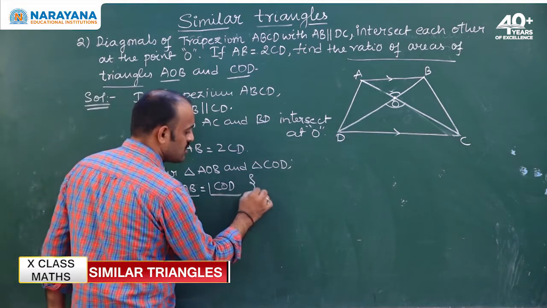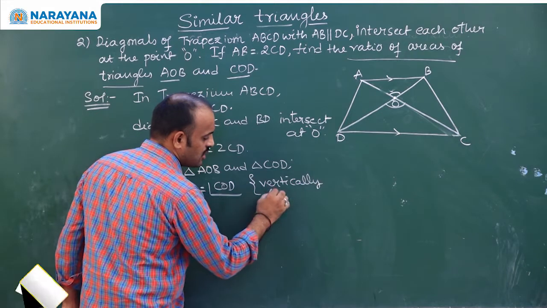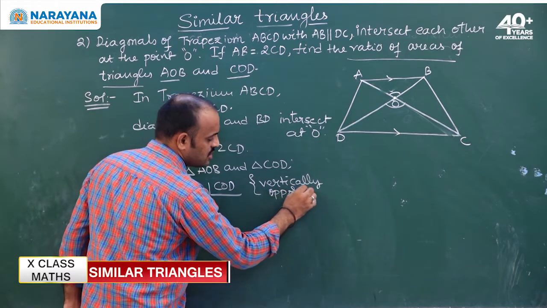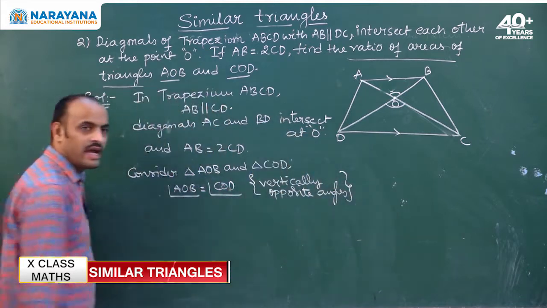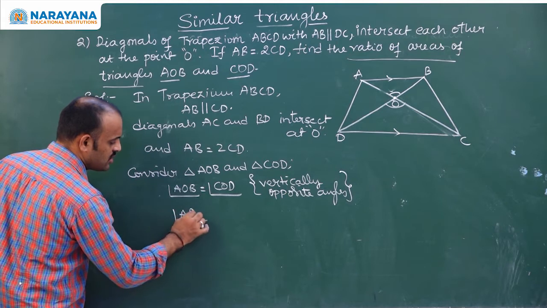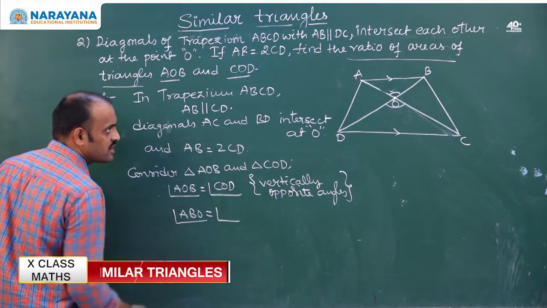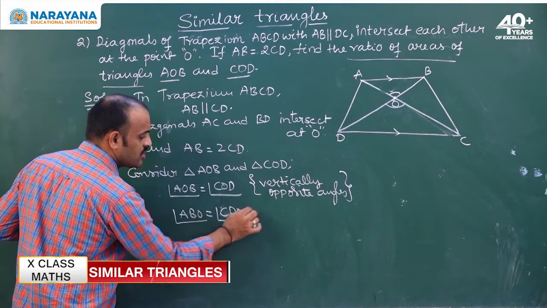The reason? Vertically opposite angles. Angle ABO is equal to angle CDO.